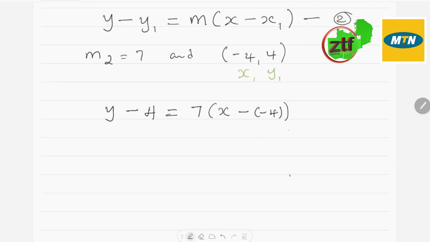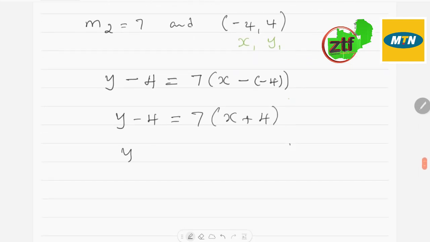Then simplifying this equation, we will have y minus 4 equals 7 times, before I expand, let me just simplify what is inside the brackets. We have 7, then x plus 4. So this will give us y minus 4 is equal to 7x plus, now when you multiply 7 by 4, you get 28. So we have 28.